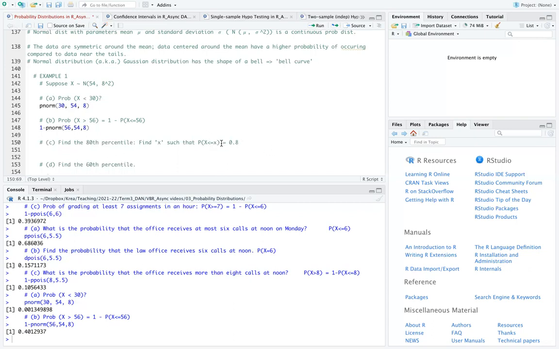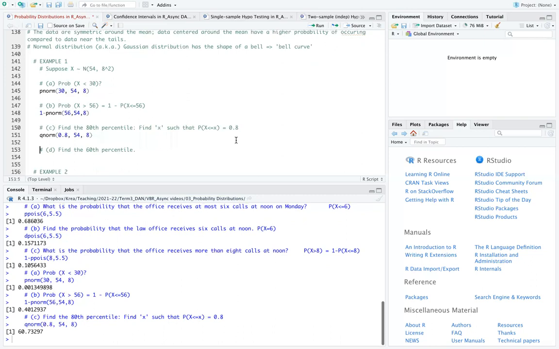Here we want to find X and we're given the probability, so we use the Q prefix. We'll say Q norm. The first argument refers to the probability that lies to the left of the point of interest. So we'll write 0.8. The mean of the distribution is 54. Sigma is 8. Let's do Control Enter.